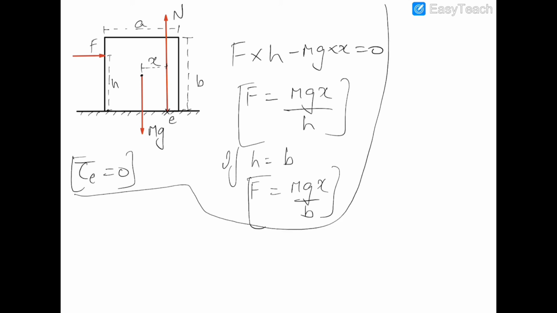You can see that this normal reaction is equal to mg, and they are acting in opposite directions, and this F is equal to the friction, and they are also acting in opposite directions. So N and mg are creating a torque couple, and F and friction are creating a torque couple. The torque created by N and mg is in the anti-clockwise sense, and the torque created by the applied force and the friction is in the clockwise sense.